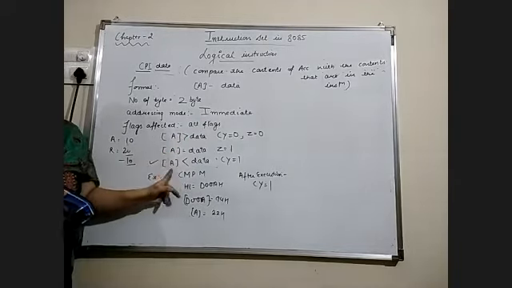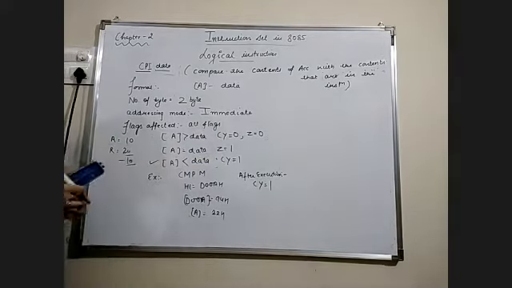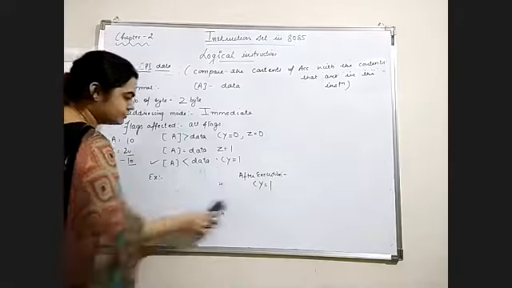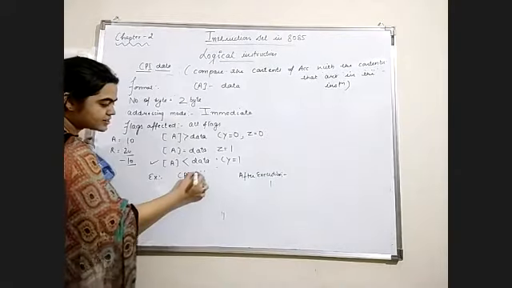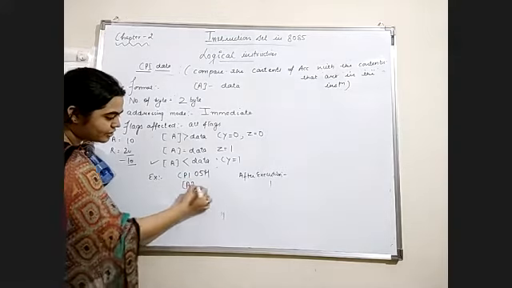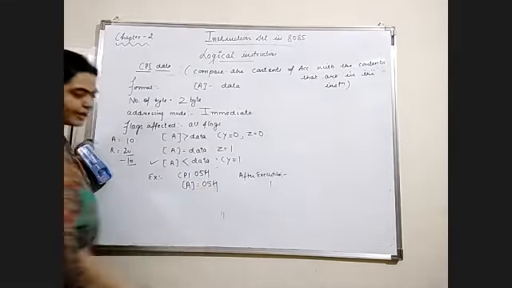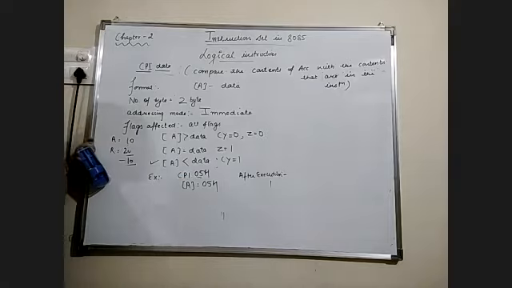And when the value of accumulator is smaller than data, then CY is equal to 1. So now we can see the example. So suppose we have an instruction that is CPI 05H, and in the accumulator we have contents 05H. So this 05 will be compared with the data that is given in the instruction.